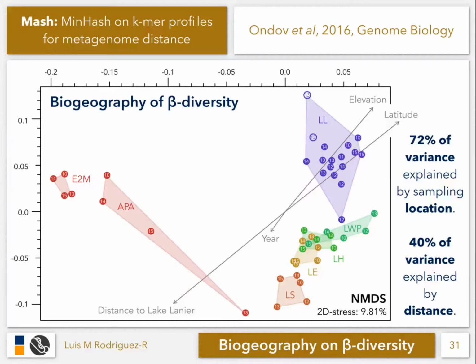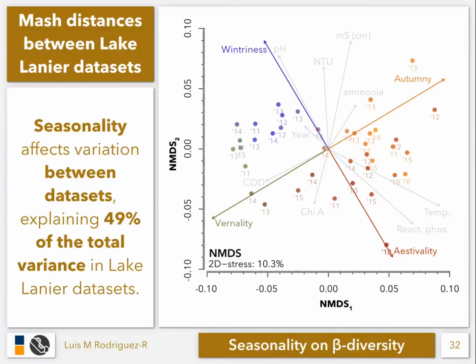Well into the south, we actually go into an estuary, and estuaries are very different from lakes. Of course they are different. But just location, just the distance along the river, already explains 40% of the variance. To give you an idea of how strong that is, the best known effect in freshwater communities is the effect of seasonality.